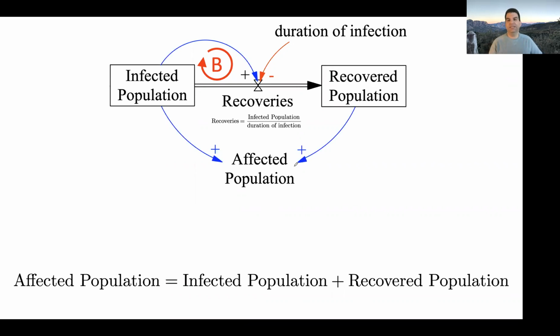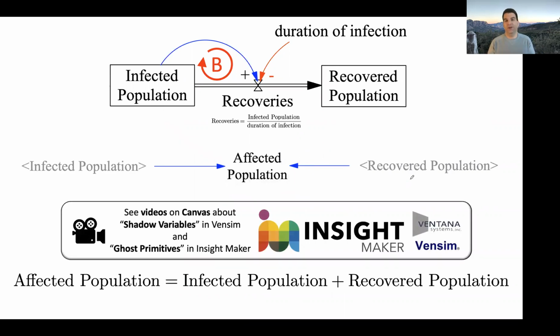Now, it's really common to want to sum up variables like this, but the downside of drawing what now looks like a heart here is that it makes it look like there are other potential feedback loops going on, when in reality you just added this affected population to help with your metrics when you do performance analysis later. So when you're summing things like this, it's good to introduce those shadow variables that we talked about last week.